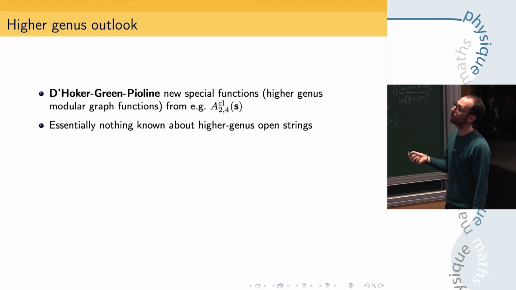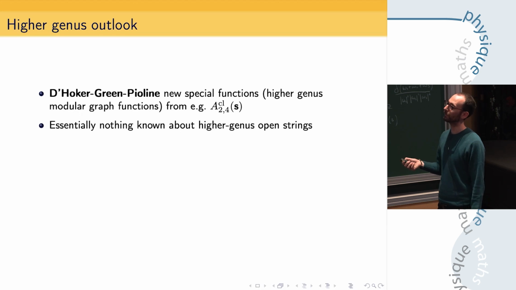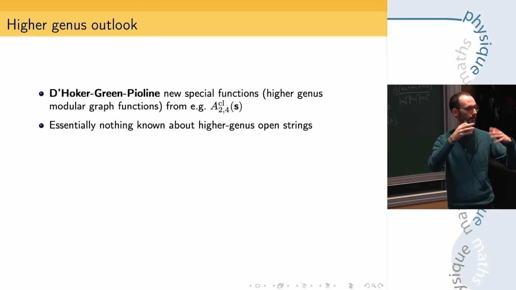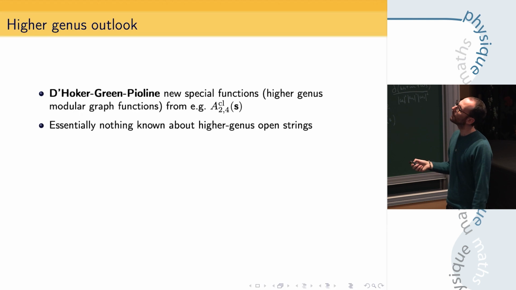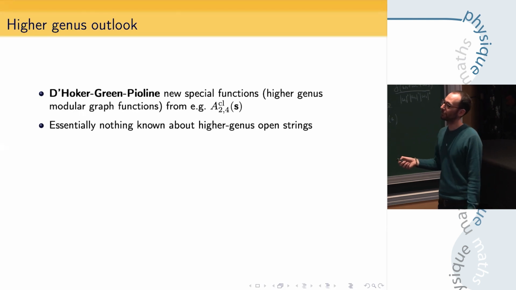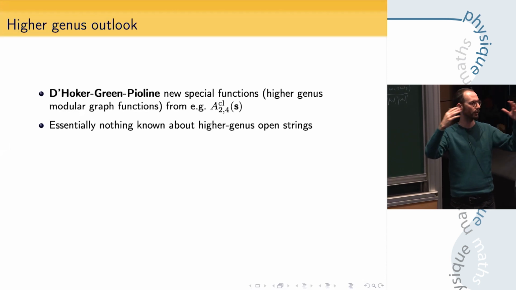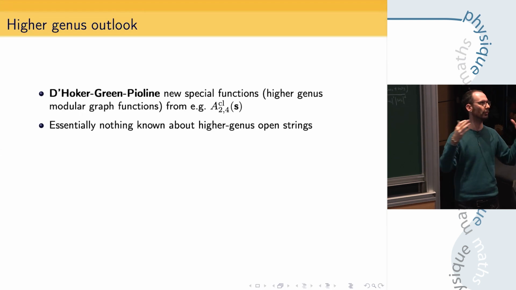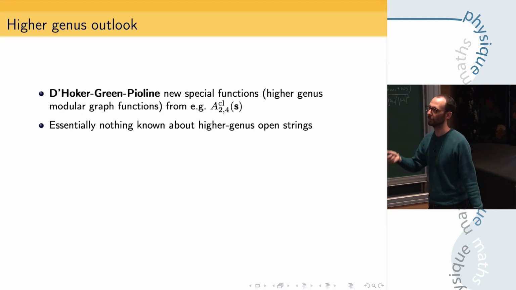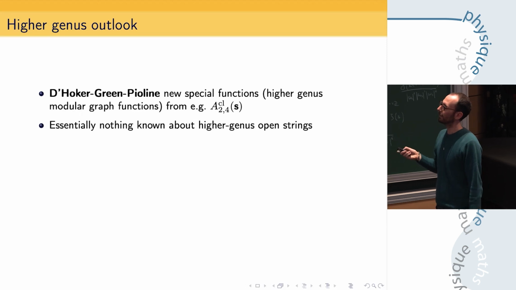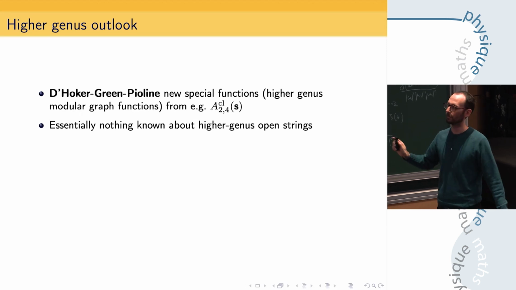And they call them higher genus modular graph functions, because they can be constructed again starting from a graph. Whereas for open strings, essentially nothing is known at higher genus. I mean, in general, it's difficult even to define these amplitudes in higher genus. You have problems, you want to add supersymmetry to the picture, and it's not easy. But I know little about these problems, so I'm not going to say anything.